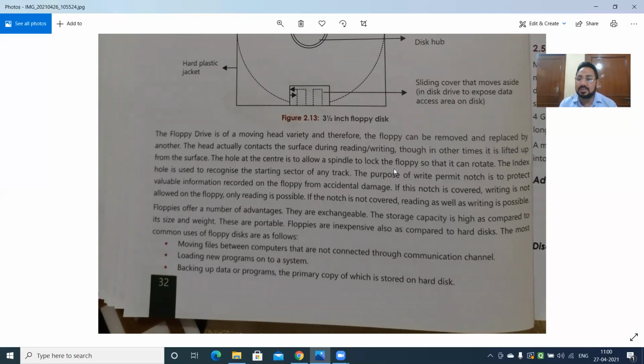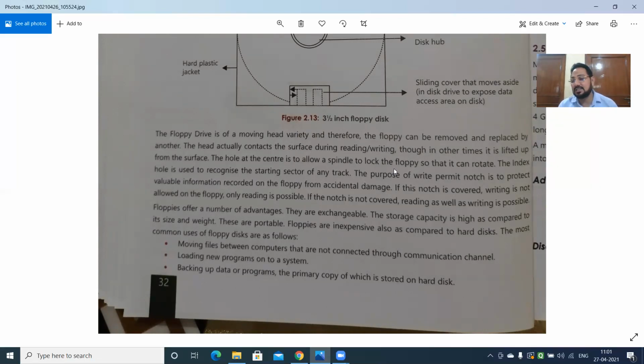The storage capacity is high as compared to their size and weight. These are portable. Floppies are inexpensive as compared to hard disks, but they also have very less storage capacity. Common uses of floppy disks are moving files between computers that are not connected through communication, like we have pen drives today, loading new programs onto the system, and backup data or programs, the primary copy of which is stored on the hard disk.